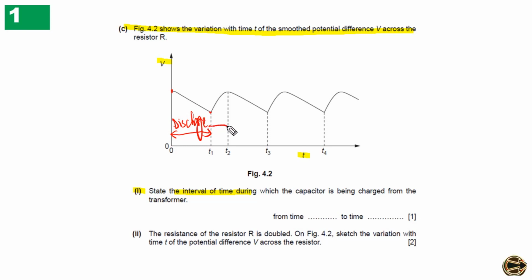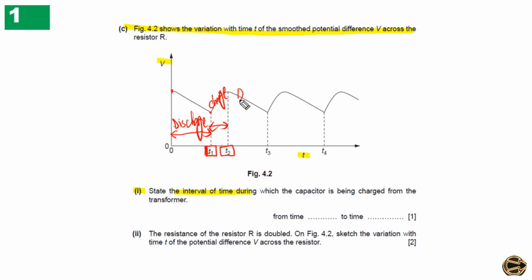If you look at the next interval of time, the potential difference is increasing. So in this interval of time, the capacitor will charge. This is what we need to state. Simply we can say the capacitor is charging between T1 and T2.